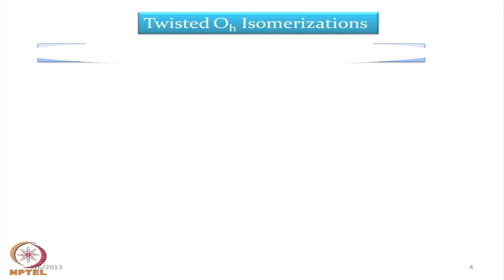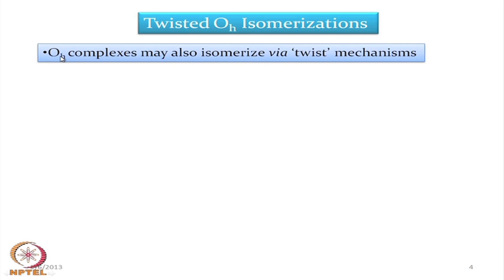We see that octahedral complexes can also undergo isomerization by a twist mechanism, unlike the pseudo rotation that occurs for the 5 coordinated species. In the octahedral situation a different kind of twist mechanism is operating, and that twisting can give rise to the isomerization in octahedral complexes.